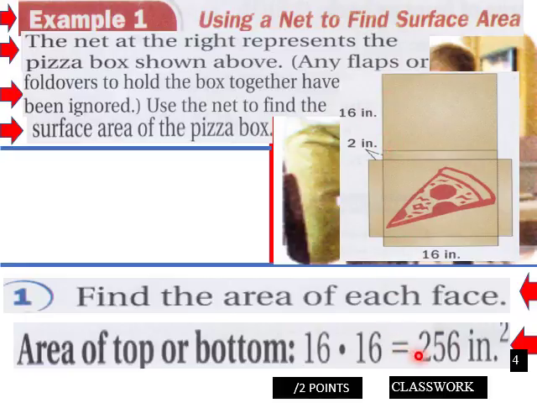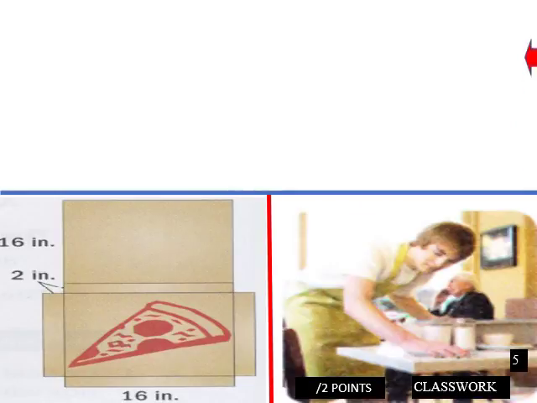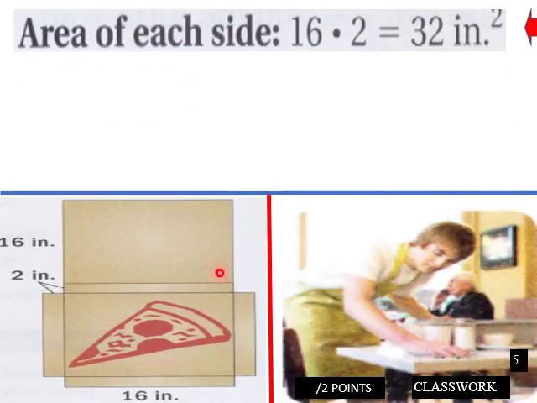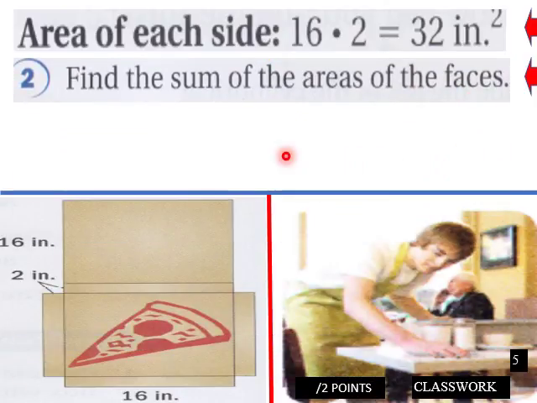So it's 16 squared, and that's 256 square inches from the bottom. So for the other surface areas here, area of each side, we have a 16 by 2 here, 16 by 2 here, 32 square inches. And then how many sides of those have we got?